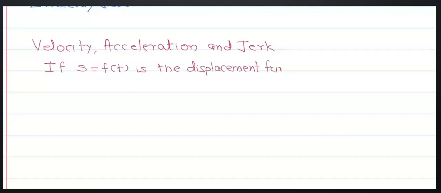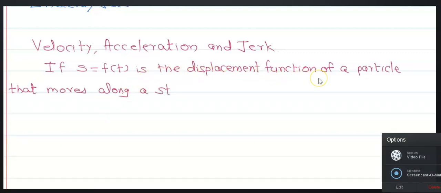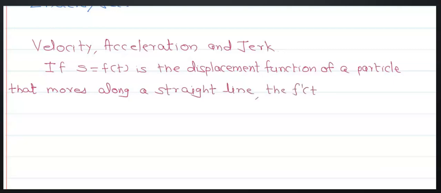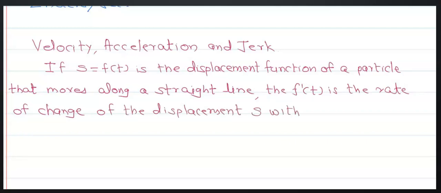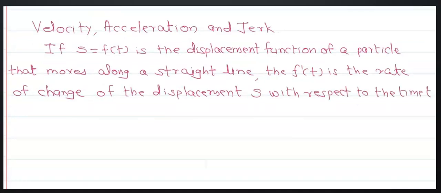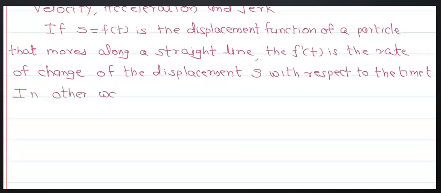If s is equal to f of t, what does it mean? s is the distance, a function of the time, and the variable is t. s equals f of t is the displacement function of a particle that moves along a straight line. f dash of t is the rate of change of the displacement s with respect to the time t.